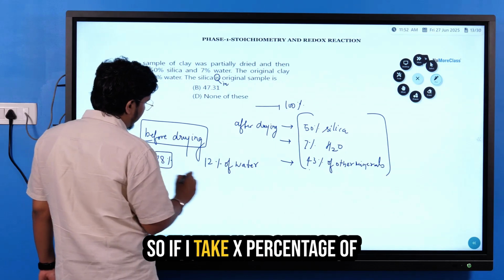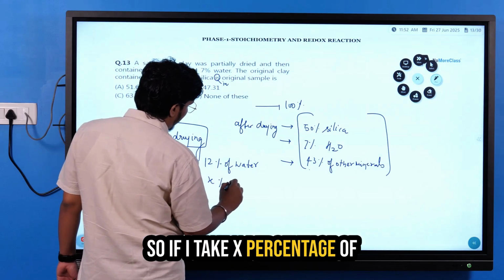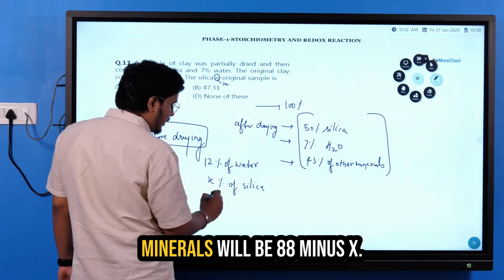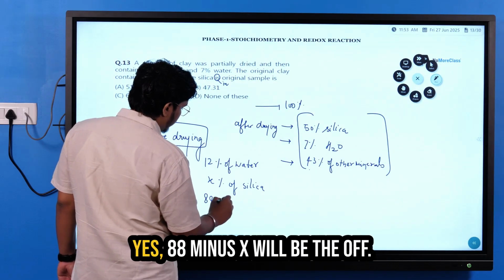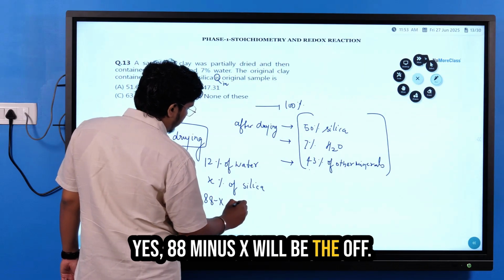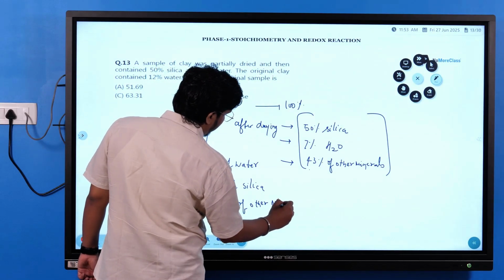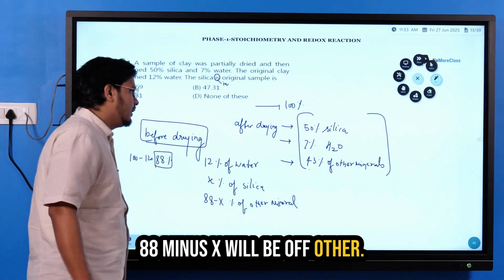So if I take X percentage of silica, the remaining other minerals will be 88 minus X.